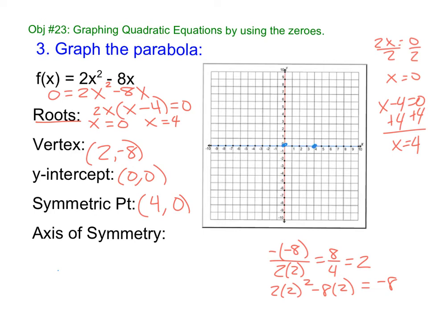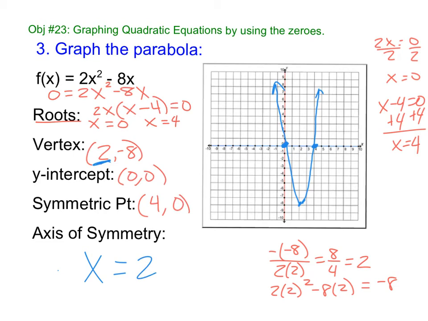My vertex is 2, -8. My symmetric point, again, is 4, 0. My y-intercept is 0. So there's only 3 points here, and that's okay. That happens sometimes, especially if we can't fit stuff on our graph. That's our graph. And then remember, the axis of symmetry is x equals the x value of the vertex, 2.